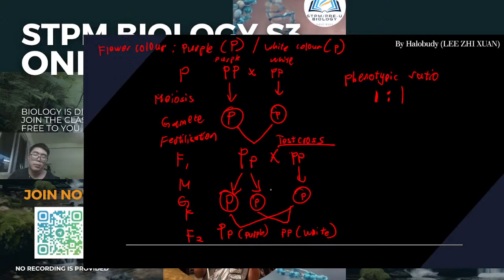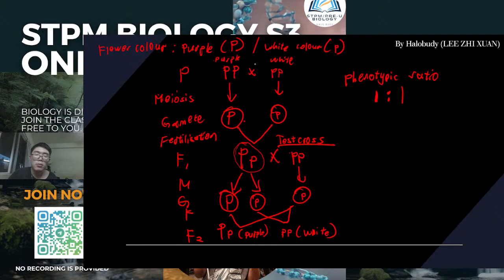From this aspect, it can also be proved that purple flower is dominant and white color is recessive. They found that when the purple hybrid is crossed with white color, it produces offspring that are both purple and white. Why? Because it means this hybrid organism has the white color gene, but it just does not express it.